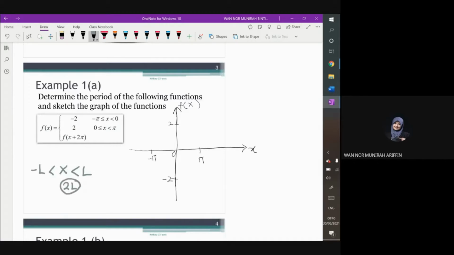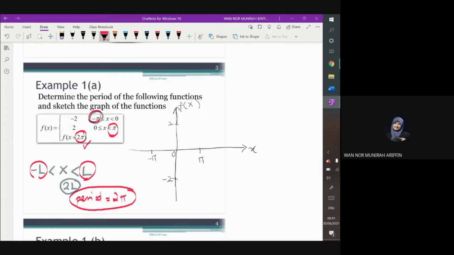But here, in the given function, you have from negative pi, which is your negative L, and it ends at pi, which is your L, so that you will have 2 pi. So this is true, 2 pi is your period. We can just simply write that the period equals 2 pi.